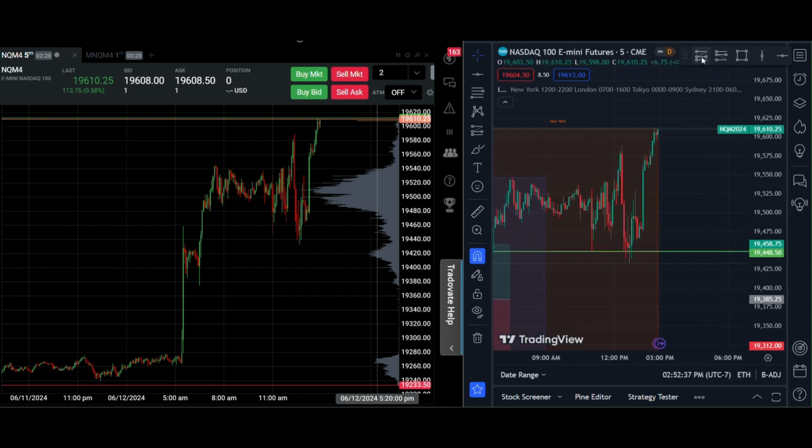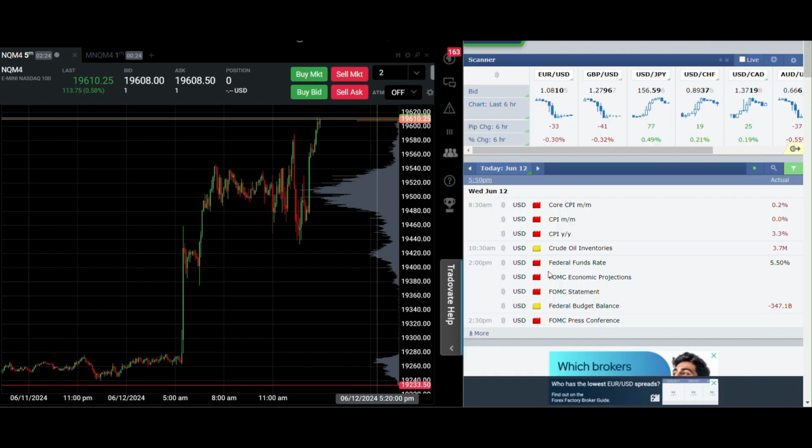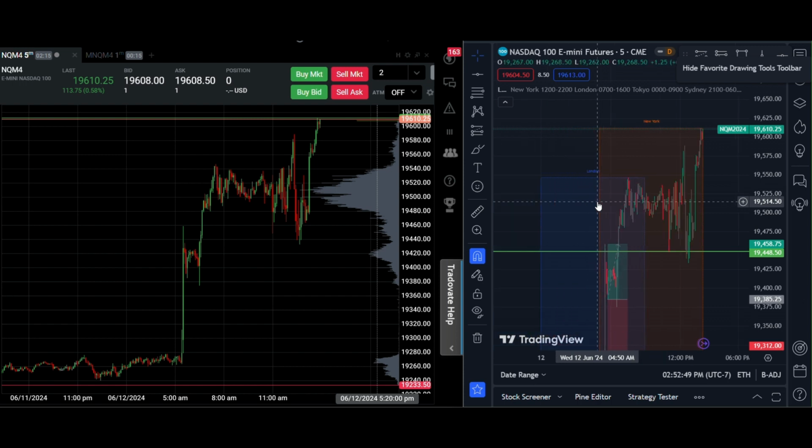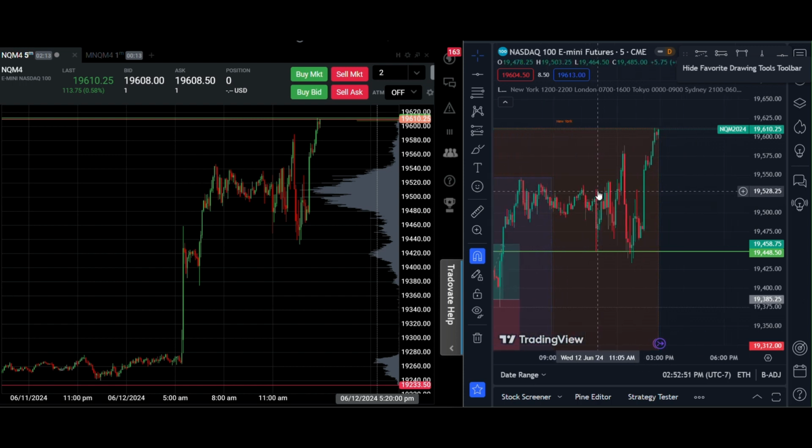After it created buyers, you have to wait for 2:30, so 11:30, and that's usually when it reverses. You could see right here it created the market structure shift at around 11:35. So that for me confirms it.